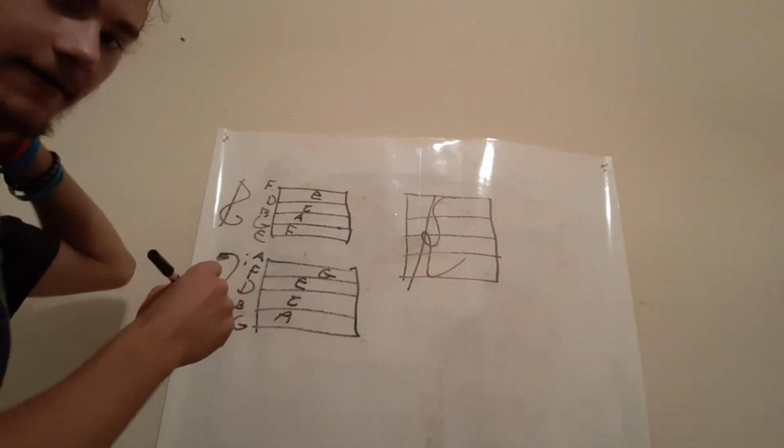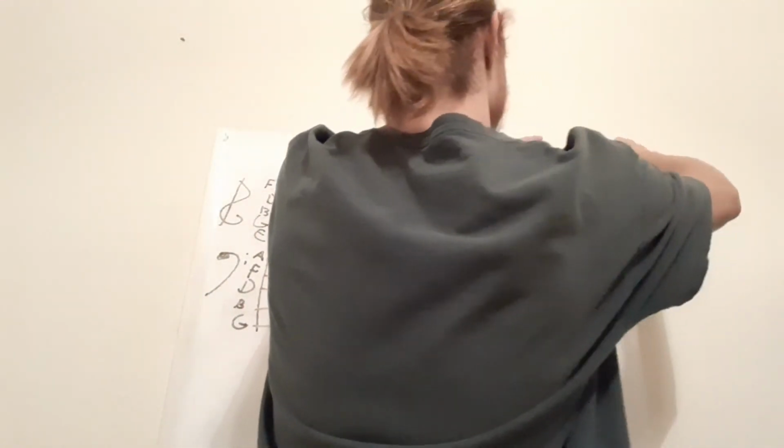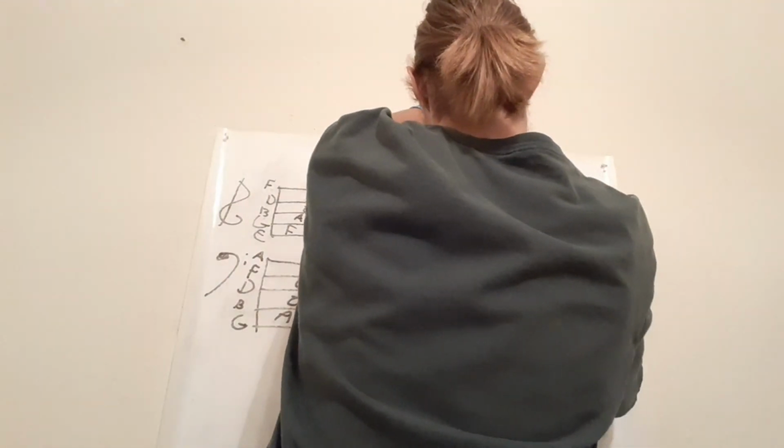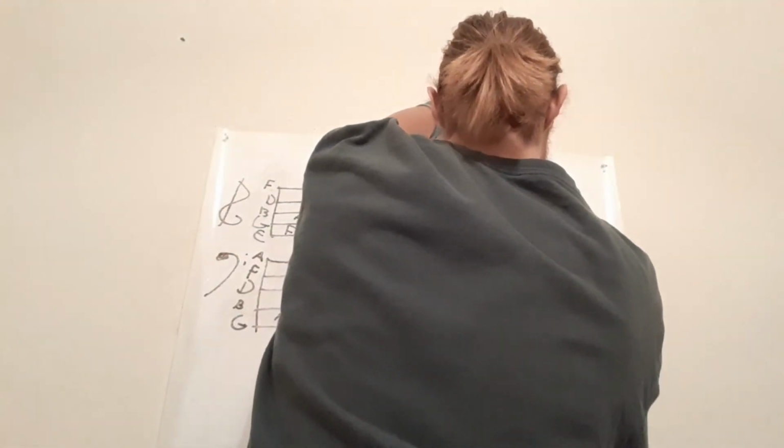And then we have our third staff here I'm going to draw. I don't know why I made this one so big. I know why, because I don't know alto clef. But I can draw it pretty well. That's an alto clef. Forgive me for that. I know that C. Something like that.